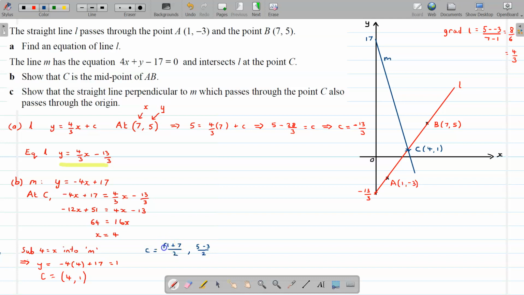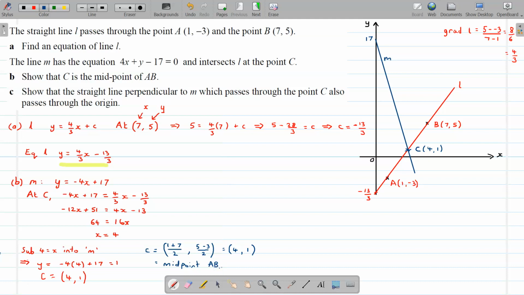If you work that out, you will see that that comes to 4, 1, which is the same as what we've just found here. So we've shown that C is the midpoint of AB, and it's also where the line M crosses the line L. So C is equal to the midpoint of AB.